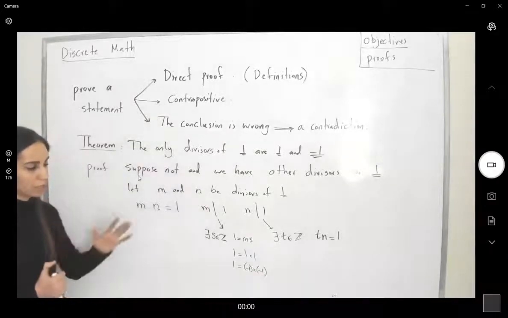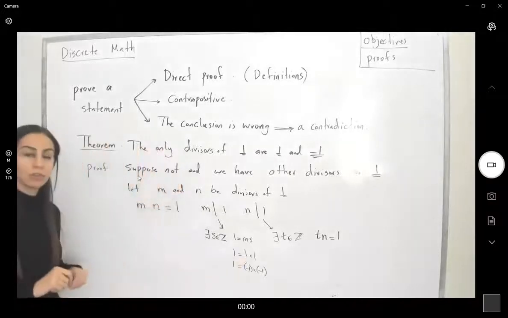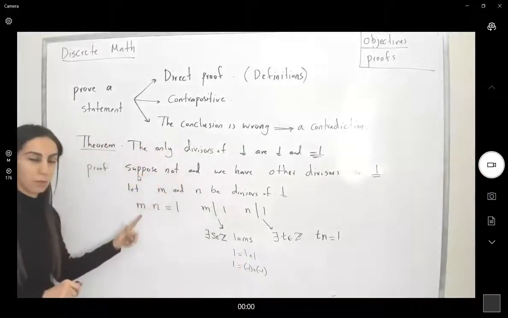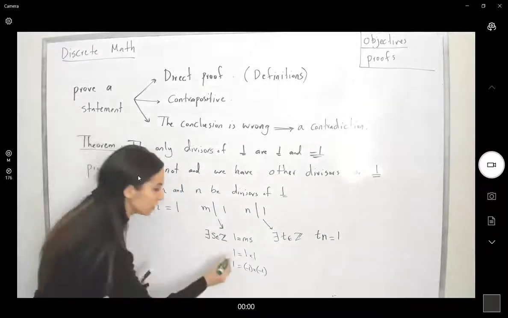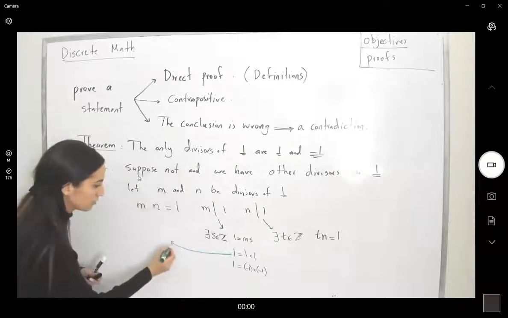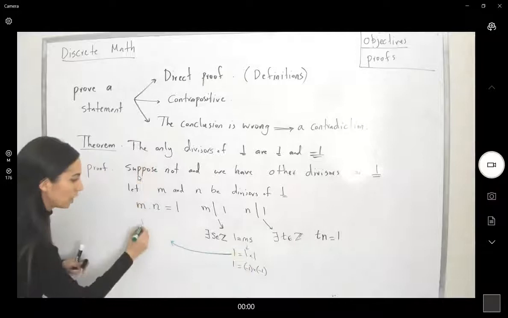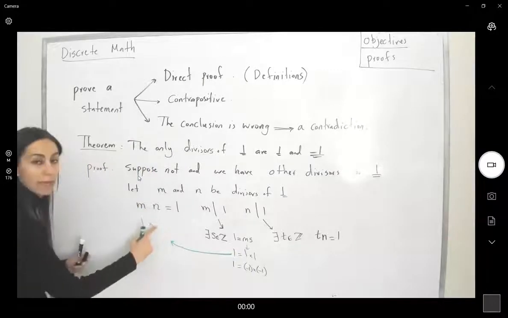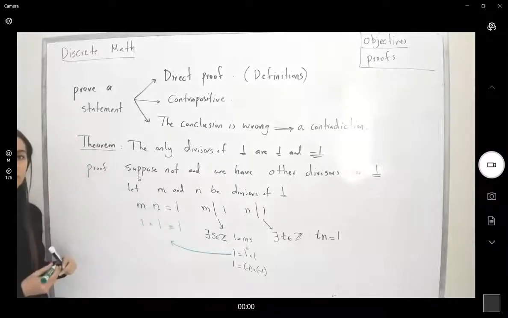Now take a look at this. If m is equal to 1, you have 1 times n equals 1. So this n must be 1 as well.